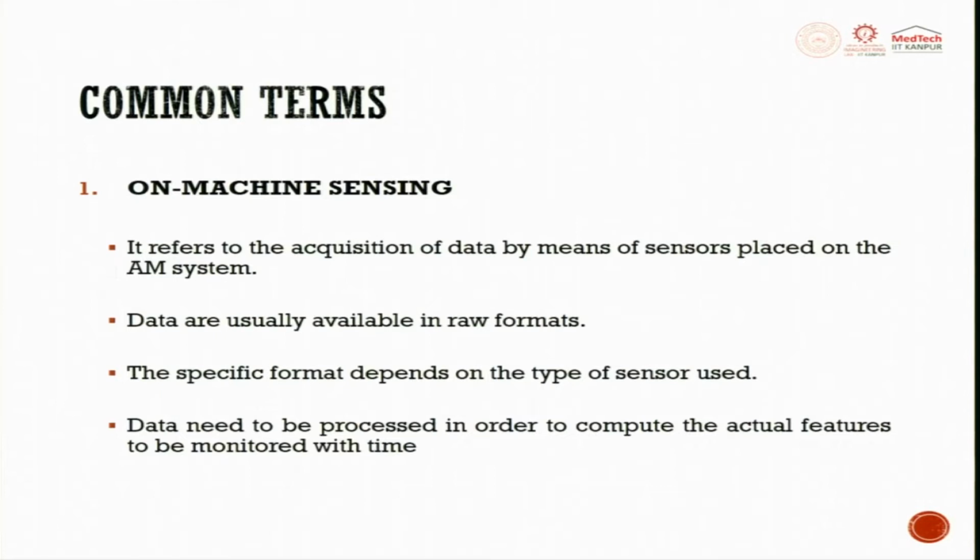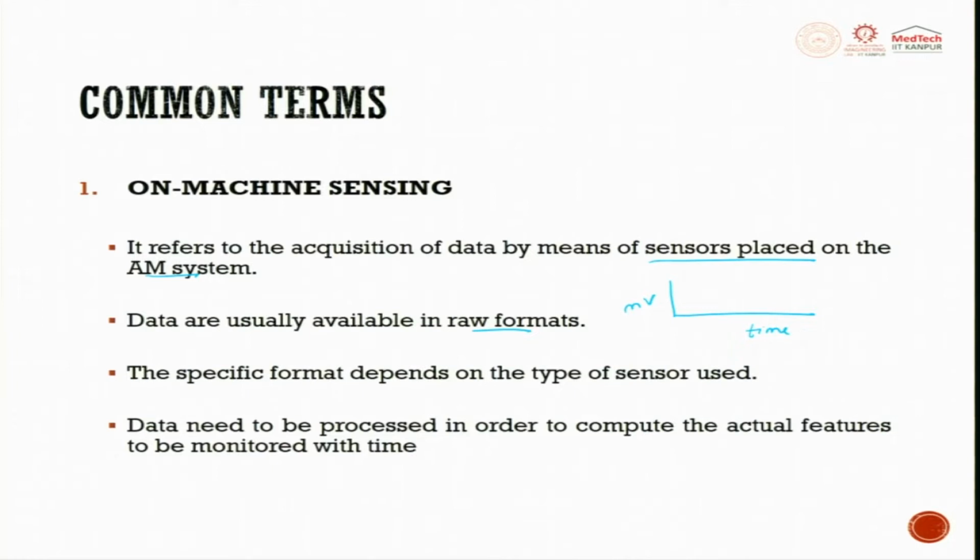So, on machine sensing refers to acquisition of data by means of sensors placed in the AM system. The data are usually available in the raw format. What I mean by raw format is, suppose you are trying to measure the force, you will always get the output in terms of millivolts with respect to time.